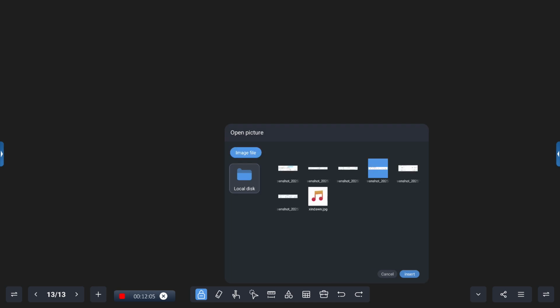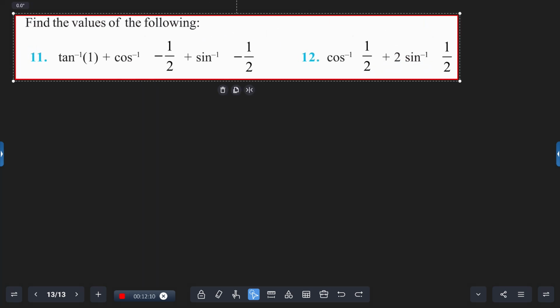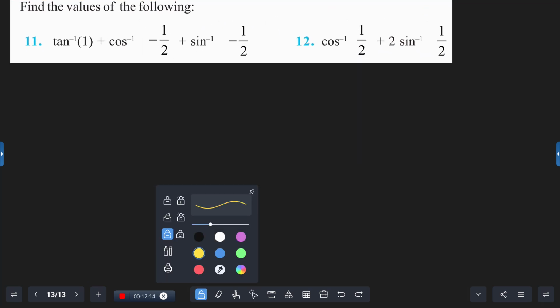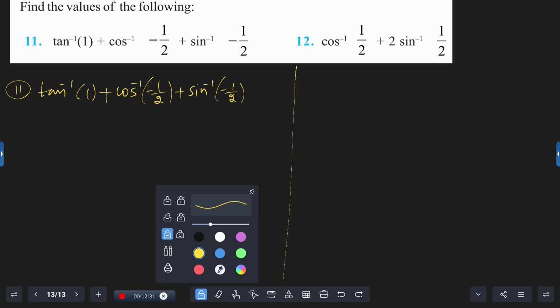Next, question numbers 11 and 12. Find the values they mentioned. For the 11th one, the question is: tan inverse 1 plus cos inverse of minus 1 by 2 plus sin inverse of minus 1 by 2. Have you noticed all those? See what formulas we have, children.